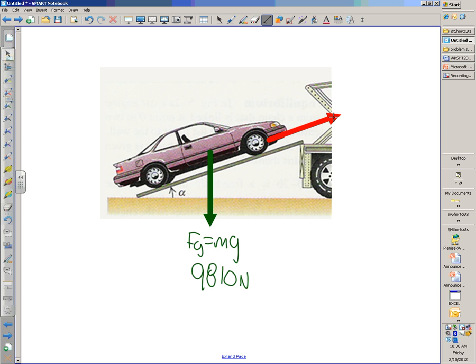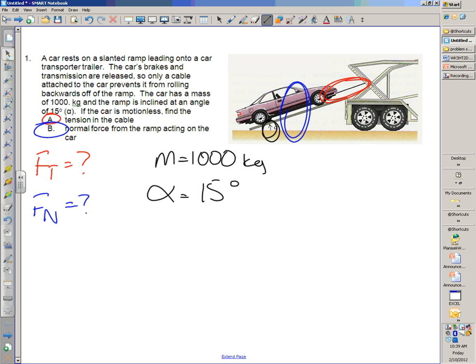And then the last force is the normal force. Like we discussed in class, or if you weren't there, we'll discuss it now. The normal force, the way it gets its name is that normal is another way of describing perpendicular. So that force, the normal force, must be perpendicular to the object that is creating it. In this case, the ramp is creating it, right? The ramp is responsible for the normal force.